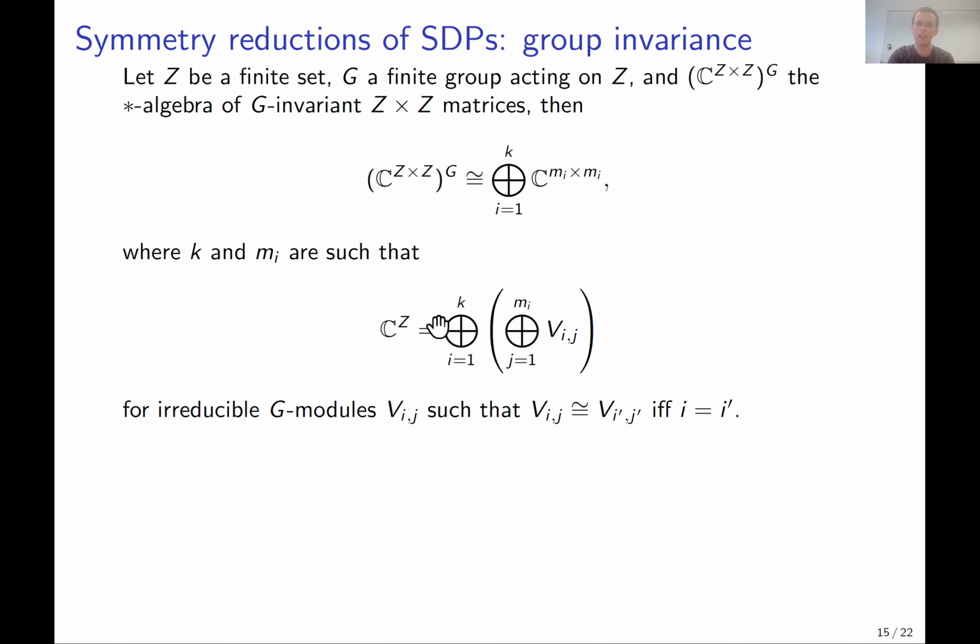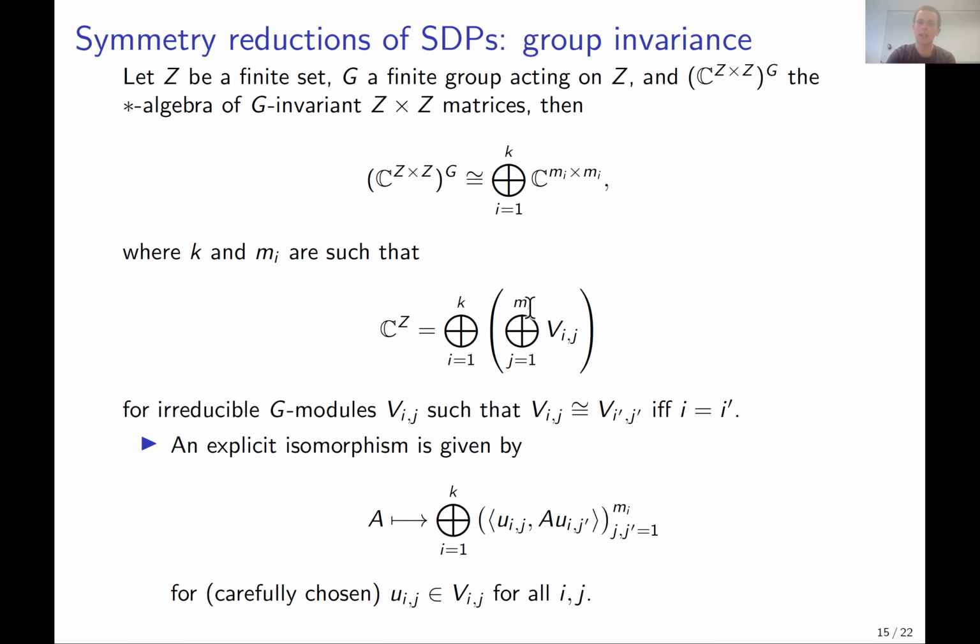So you look at C to the Z, and you try to decompose this into smaller modules for the group. A module for a group is just the vector space on which you've defined the group action. And what you want to do is decompose your vector space C^Z into a direct sum of irreducible modules. These are just objects that you cannot decompose further. And then you collect isomorphic terms. And these would define your K and Mi. So these would also define the size of the SDP that we're going to solve eventually.